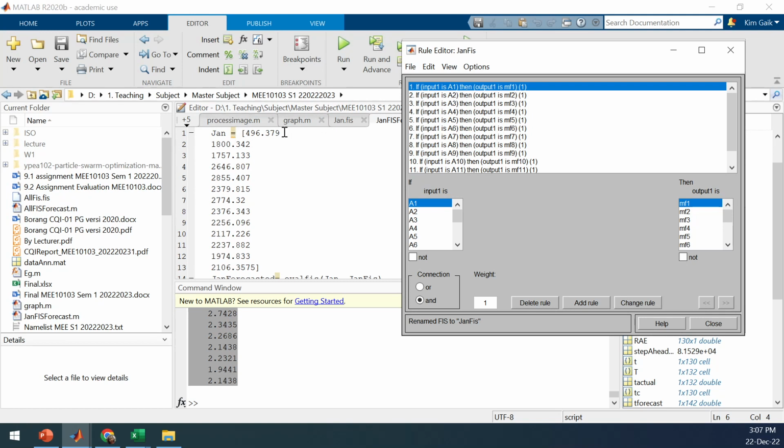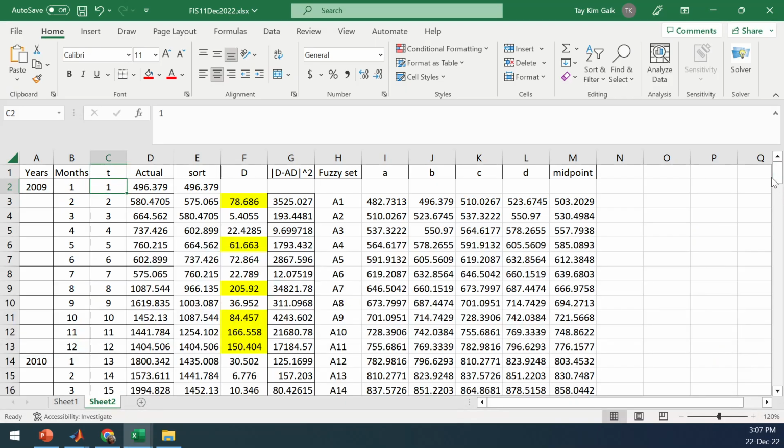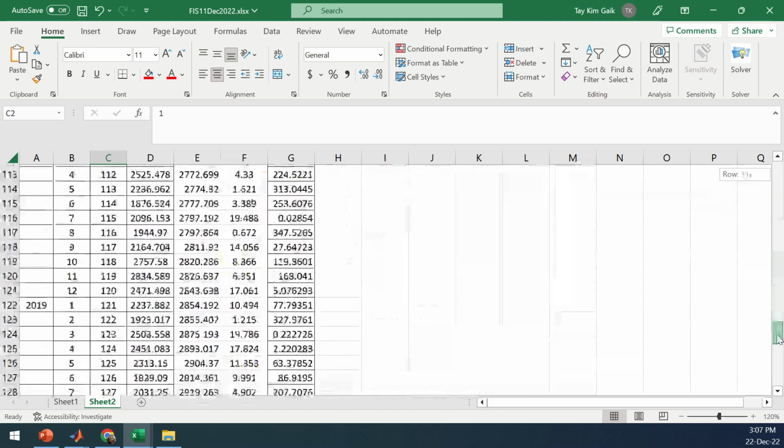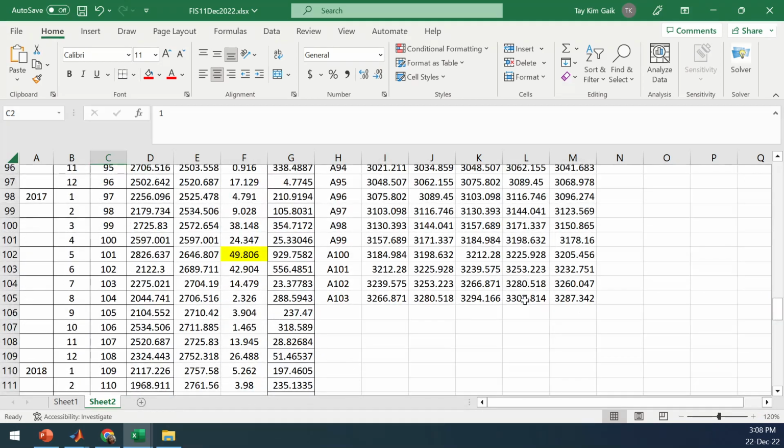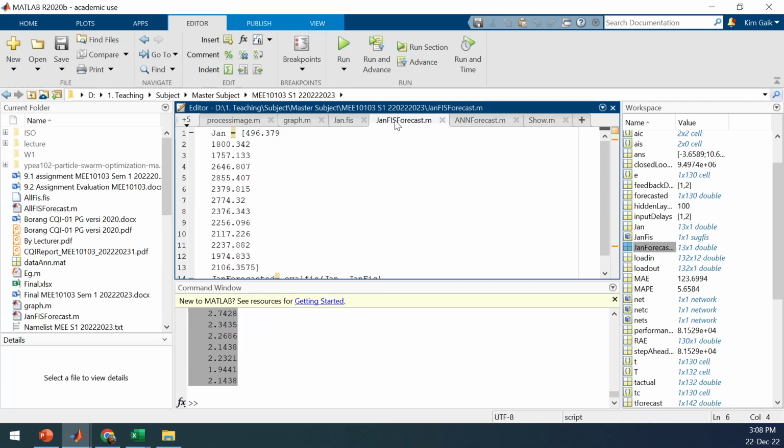But that one is actually yearly data. If I have monthly data and I do it at this scale, there are too many membership functions to be declared.